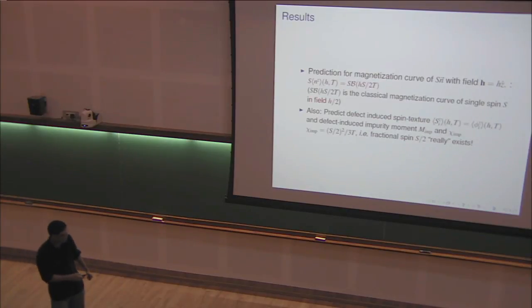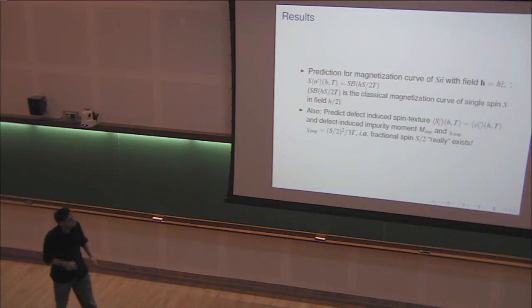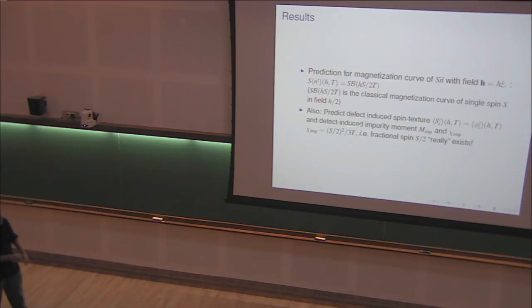And so the net effect is exactly the susceptibility of a spin S over 2 at the classical level. So this simple argument of Henley's that's only true at 0 temperature actually works, at least in this effective field theory, and makes a prediction.